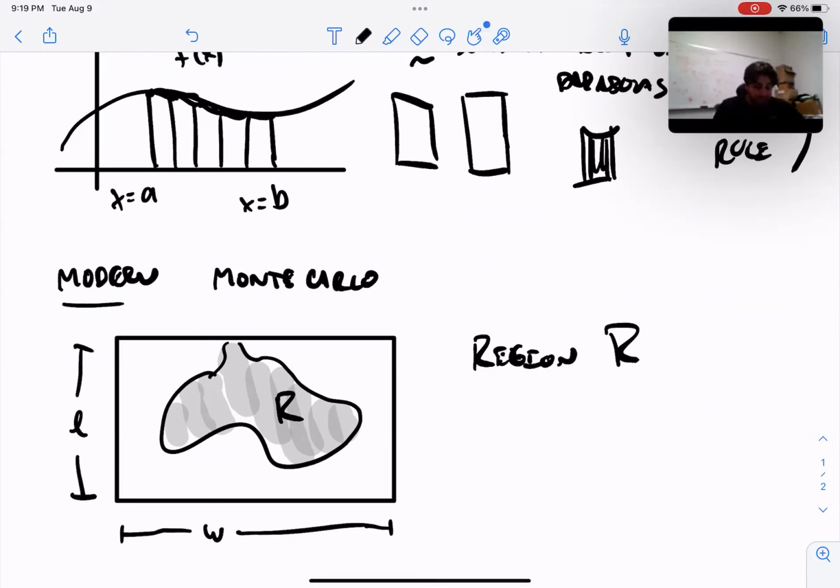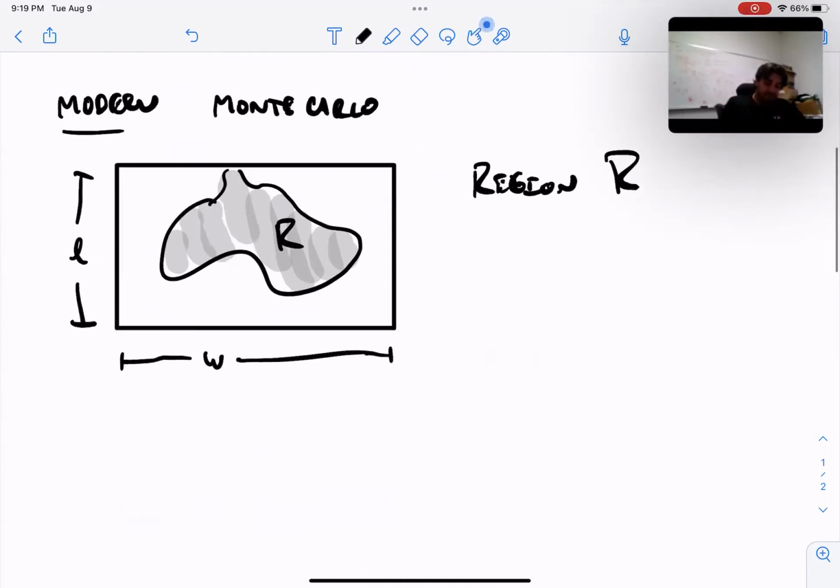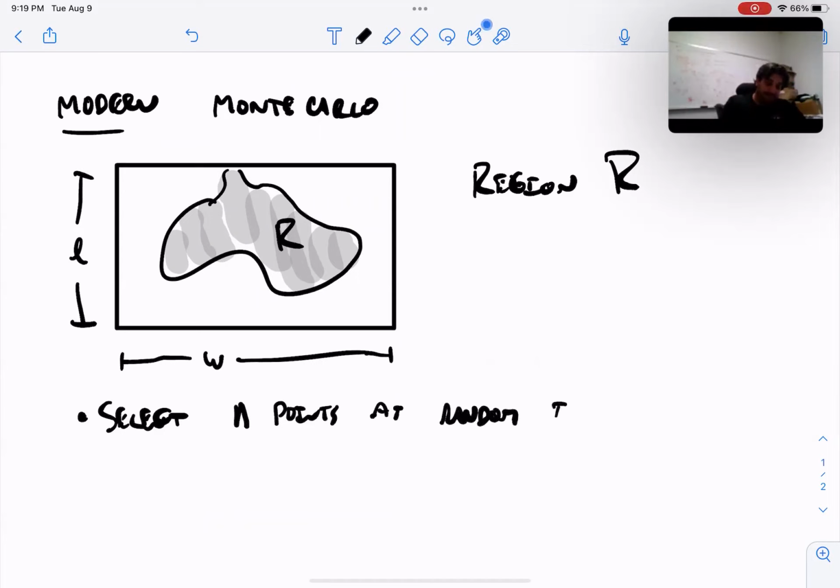So what would happen if you think about throwing darts, randomly selected points? Let's select n points at random inside the rectangle. So we get a point, point, point, point, point.